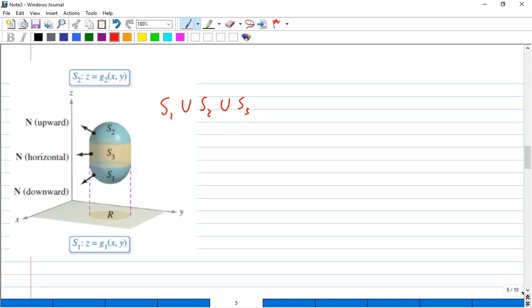S2 is defined as z equals g sub 2 of x,y, and S1 is defined as z equals g sub 1 of x,y. The middle one here, I guess I didn't define it. It won't be going up or down. It's just horizontal.